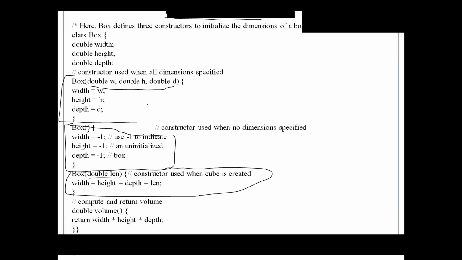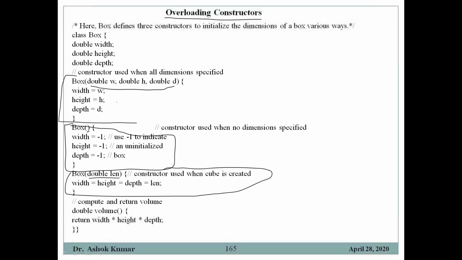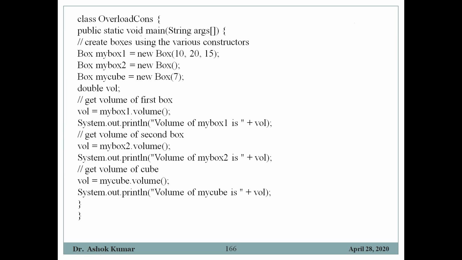Which constructor will be called depends on what you have passed at the time of object creation. So that is shown over here. The rest of the part of the program is shown here. Because on the right hand side we are using new to create the object, and within the parentheses we have written three values, in this case the constructor with three parameters will be called.